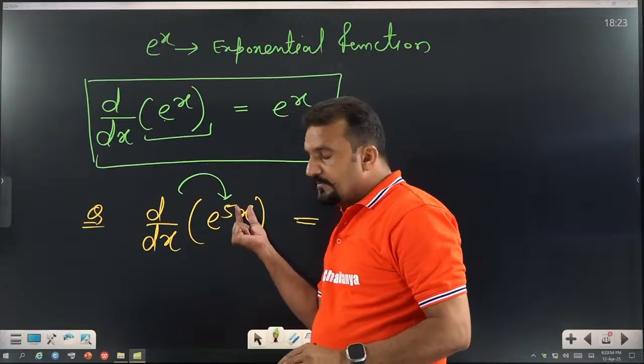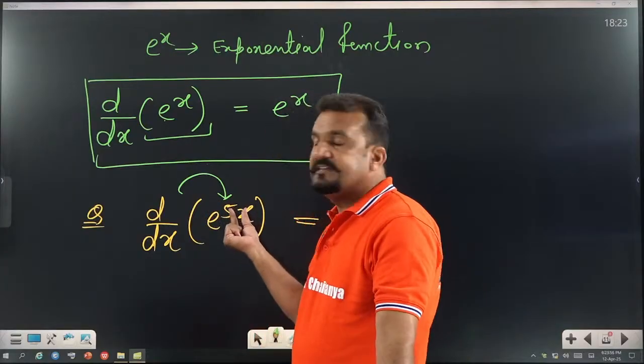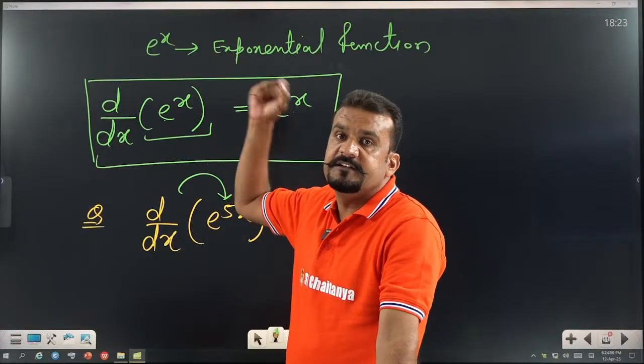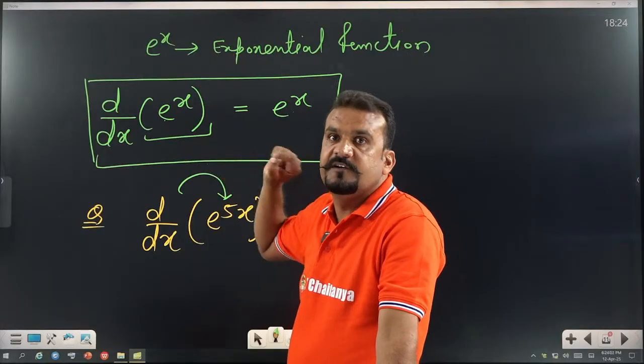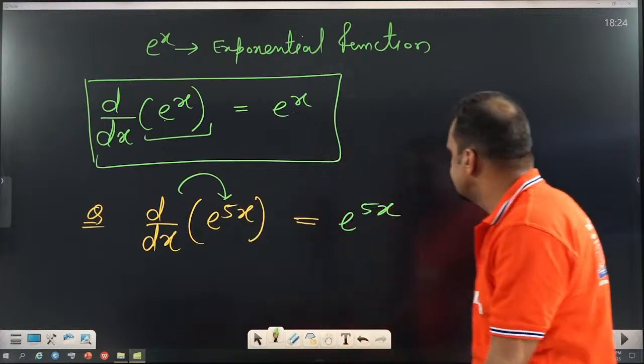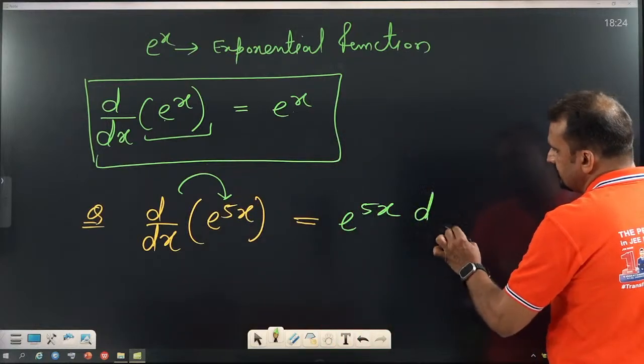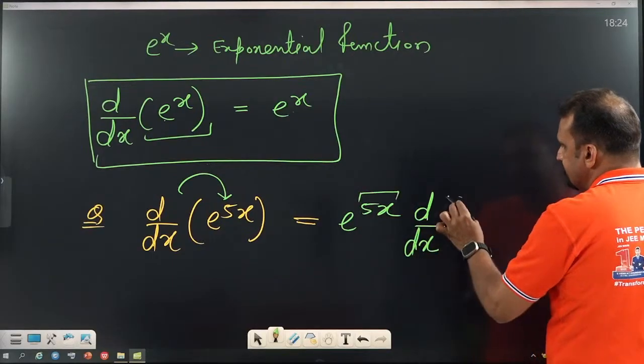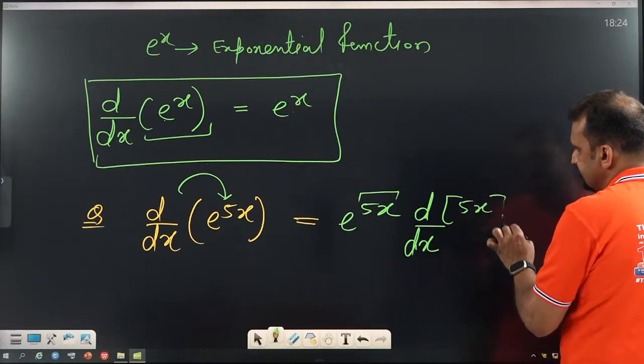See, remember one thing, this function is going to be the same. The power we can't change. In sine theta, theta we can't change. That is the property of this function, e power 5x. Then what is the next process? Now do the differentiation of this function 5x.